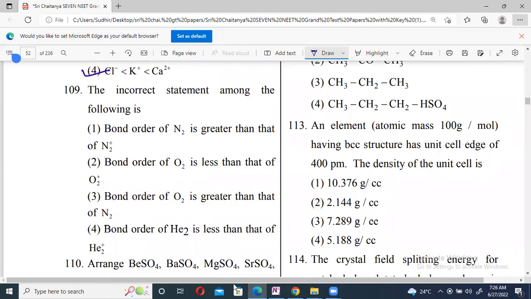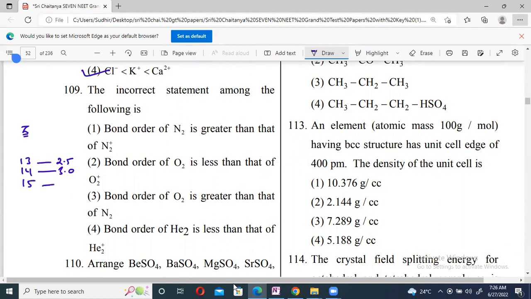109, incorrect statement among the following is, bond order of N2, N2 plus, O2, O2 plus and all. Let me tell you a very simple way. Among all, just find out here. If the sum of the atomic number is equal to 14, bond order is 3. Suppose it decreases by 1 unit, bond order decreases by 0.5 unit.